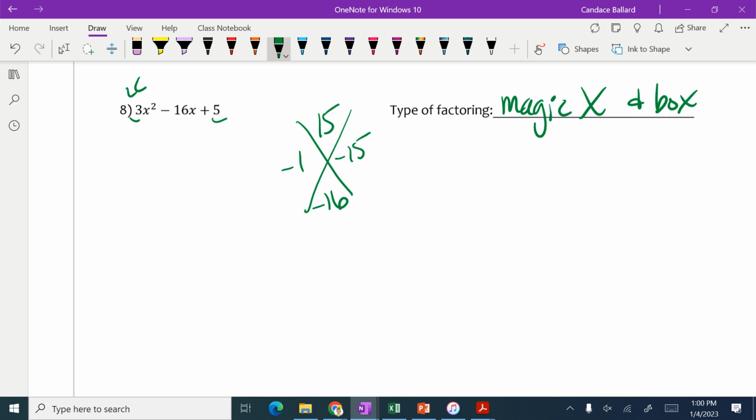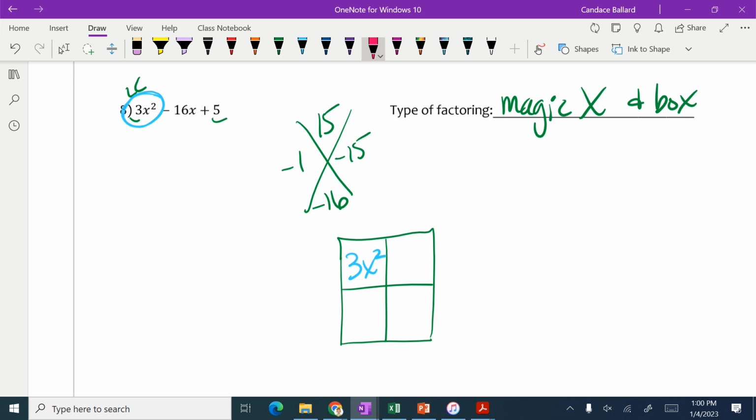Don't forget to use the 1 times something. That comes up more than you think it would. So 1 times the number, it comes up a lot, and we get multiply to negative 15, add to negative 16. You already told me I have a leading coefficient, so I'm using a box. Top left-hand corner of that box, what's going to go there?